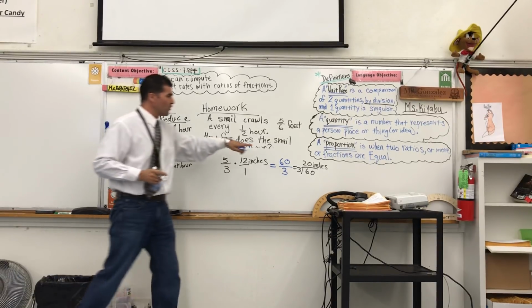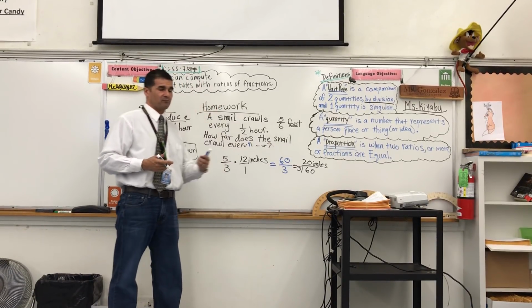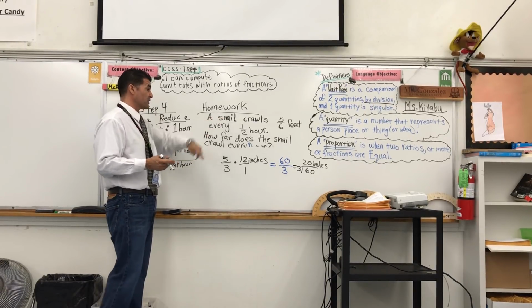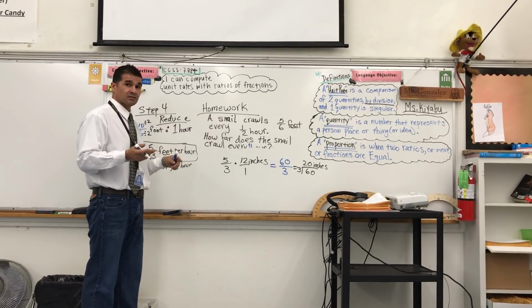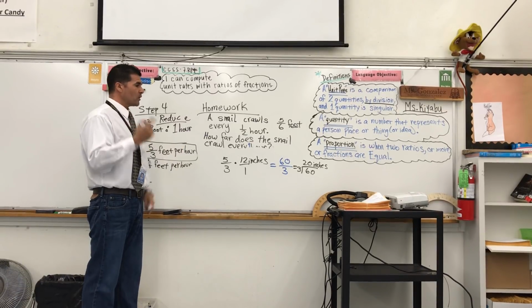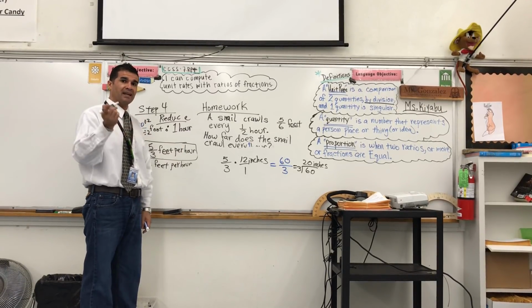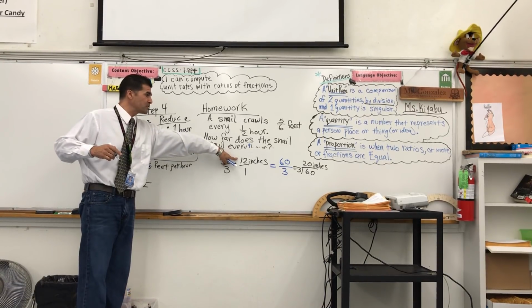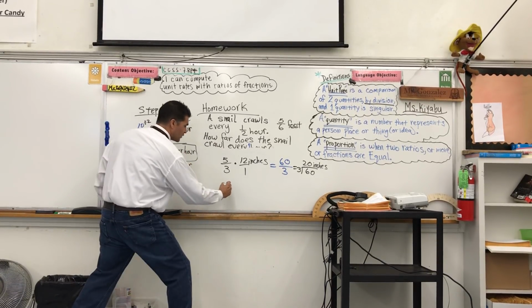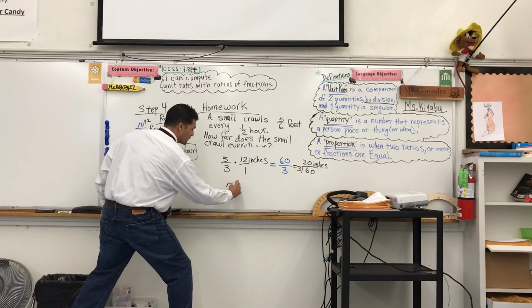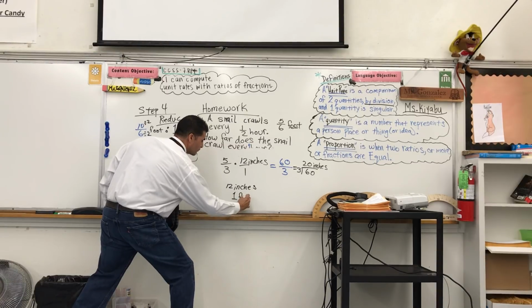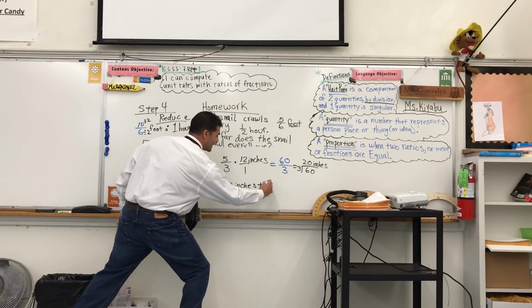So we don't want to just put 20 inches if we can. Even though I'll take 20 inches, and this snail is definitely going to crawl 20 inches every single hour. We can actually convert that into feet and inches. How many inches are in a foot again? 12 inches. So 12 inches is equal to 1 whole foot plus 8 inches.